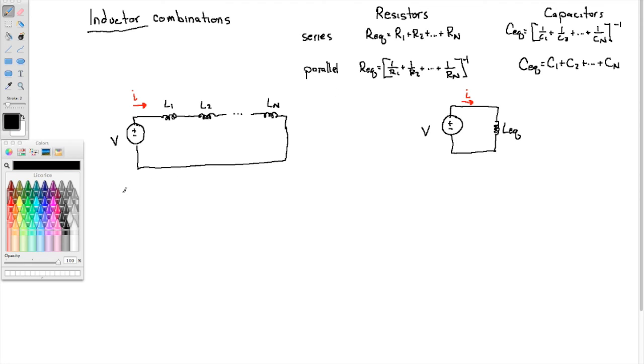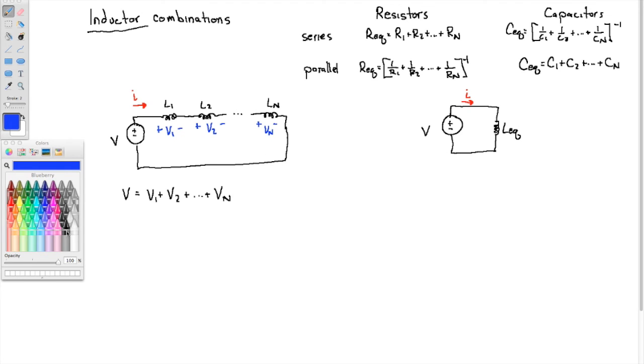Now, for an inductor, well, before that, Kirchhoff's voltage law says that on the circuit on the left, V, the source, has to equal V1 plus V2 plus all the way to Vn, where V1 is the voltage across inductor 1, V2 is the voltage across inductor 2, and Vn is the voltage across inductor n.